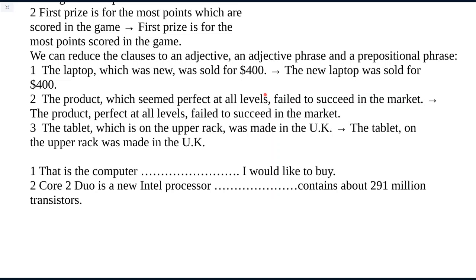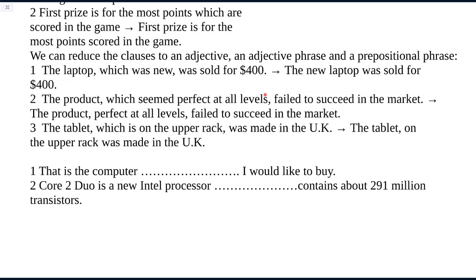However, if I want to add a pronoun here, what can I say? Which I would like to buy. Exactly, very good. Which I would like to buy, or that I would like to buy. That would be correct too.